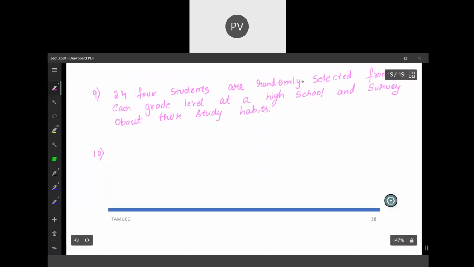Last problem. I'm going to divide the class into 6 groups. And in each group, I have 3 students.